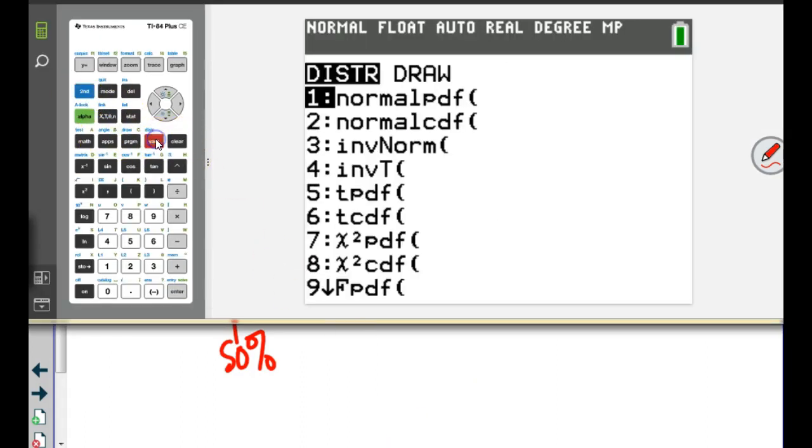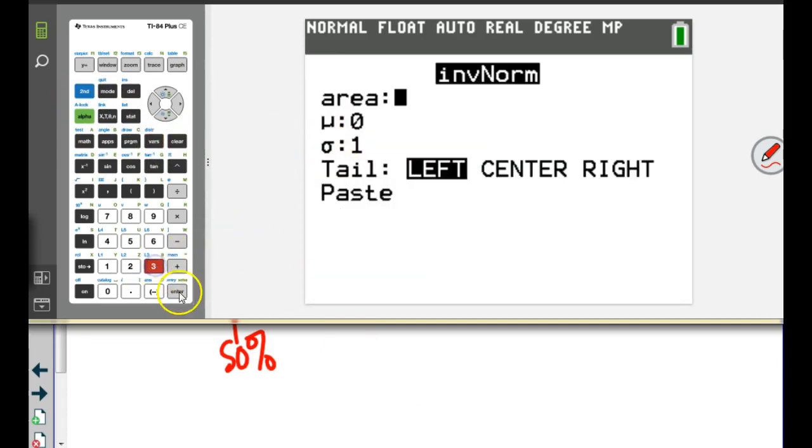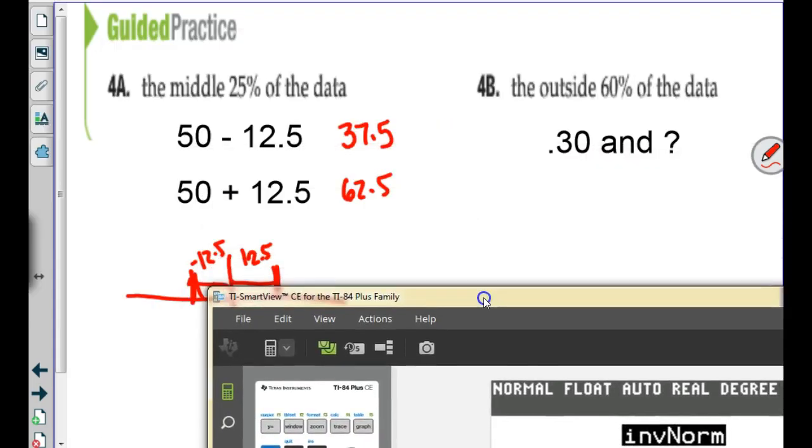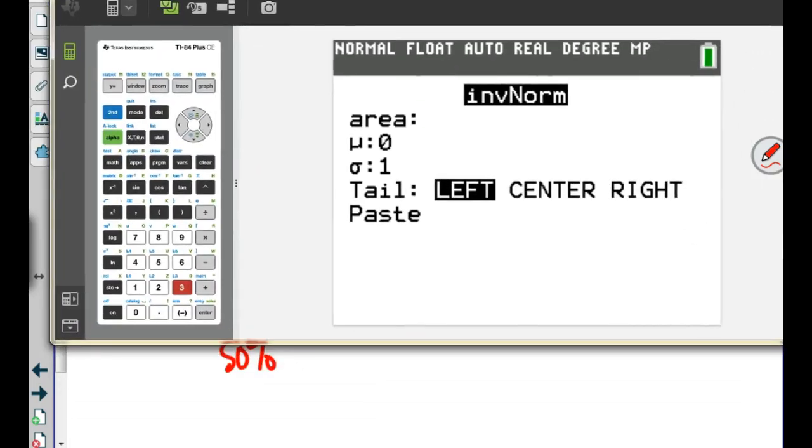Inverse norm. Okay, go to the same place and go down to number 3. Inverse norm. And we want 0.375.